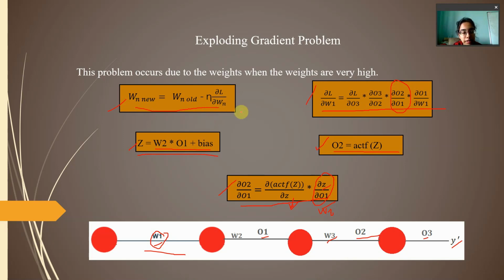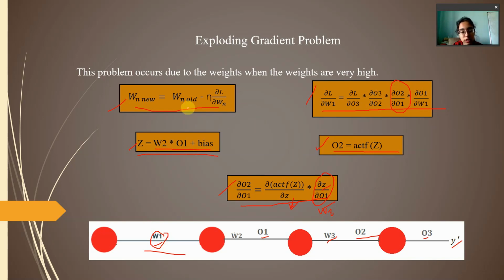Suppose W old, that is W1, is 500, and minus eta, the learning rate, which we consider as 1, and del L by del W is a very large number. So 125 into 100 into 150 will be a very large number which is greater than 600.